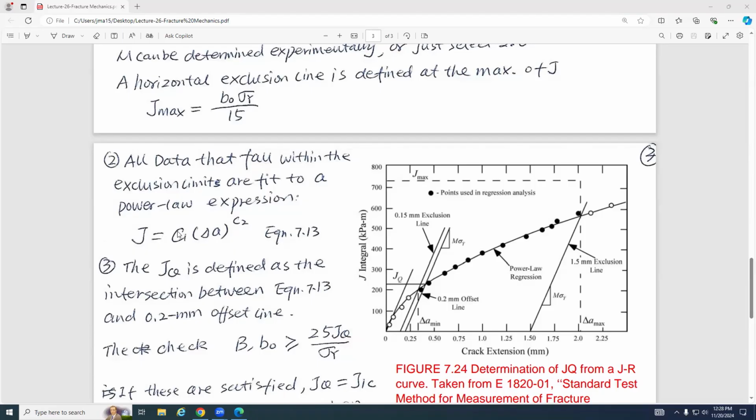Excel can do this automatically. You have delta A along with J, and you tell the software that you want to best fit this data using a power law expression, and then it will tell you these two constants, C1 and C2. You have sense, guys?